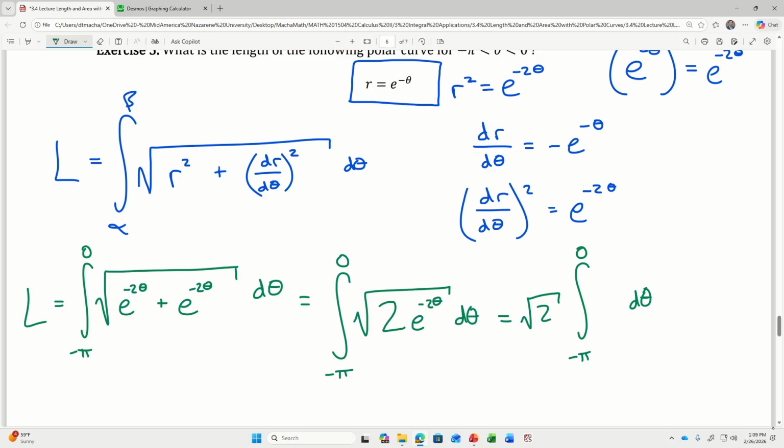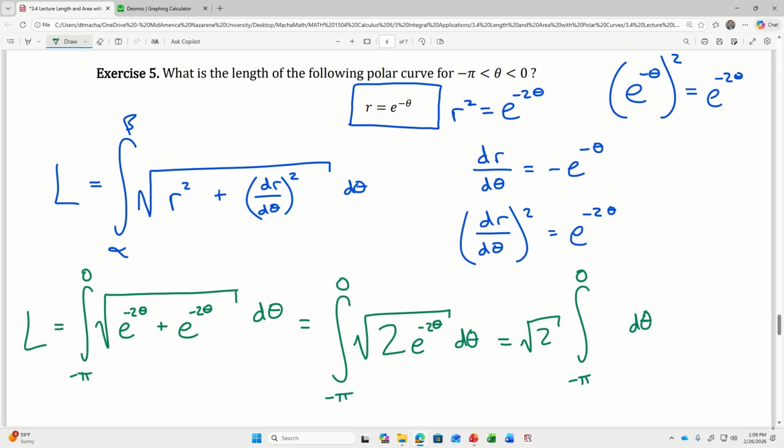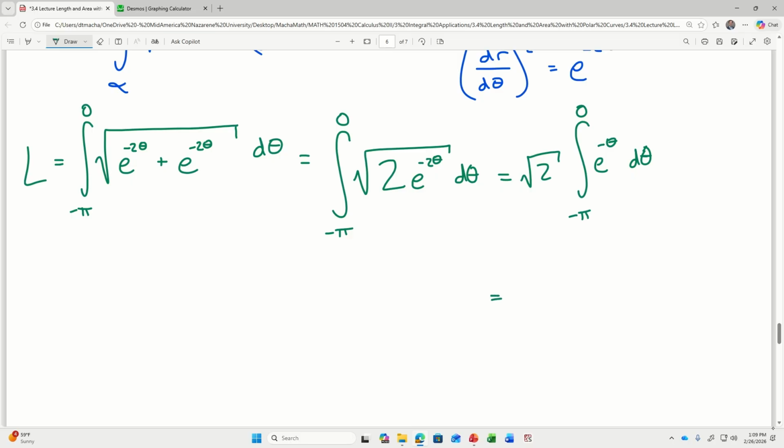Since e to the negative 2 theta is the same thing as e to the negative theta squared, then we can just take the square root by writing e to the negative theta. The antiderivative of e to the negative theta is negative e to the negative theta. So you can't forget to pick up a minus sign there when we take the antiderivative.